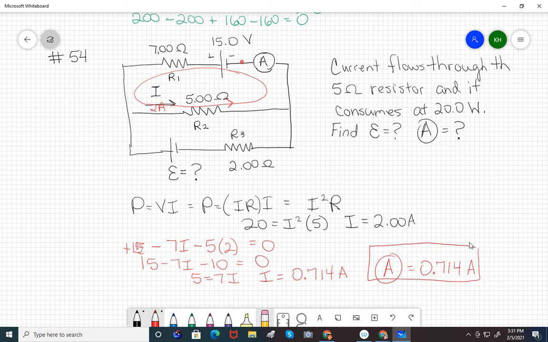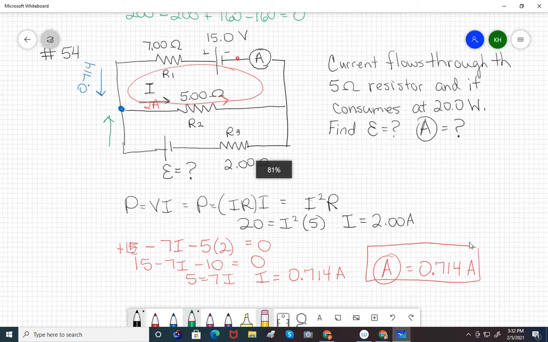Right, we know some pretty interesting information now. Let's look at what we know here. Look at this junction right here. We know we have 0.714 going in, and we know we have 2 amps coming out. That tells me I have to have current going in right here also.